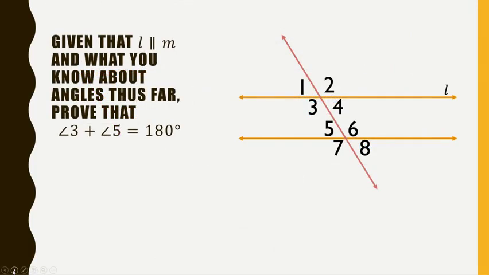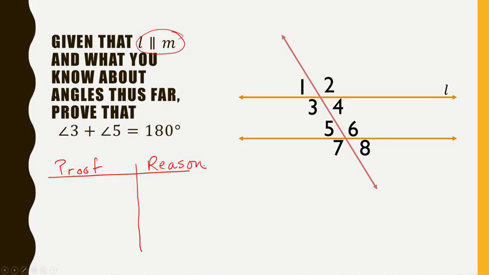Okay, given line L is parallel. So let's look at this right here. This is given. They want us to do some type of a proof here and give a reason.